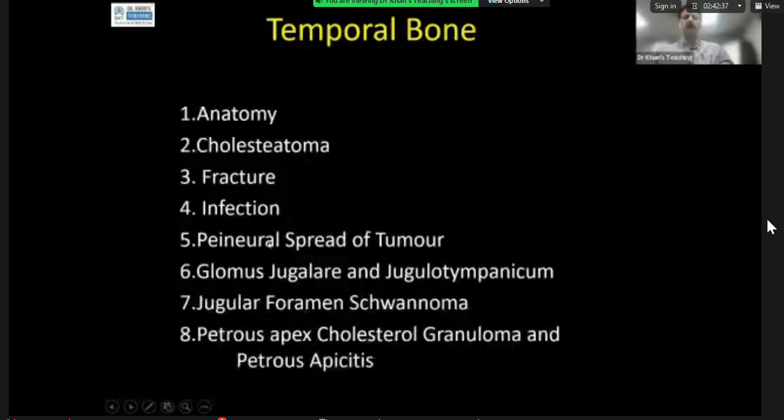This will also consolidate your anatomy questions. Glomus tumors, glomus jugulare and jugulotympanicum, then jugular foramen and schwannomas, and then petrous apex granuloma, cholesterol granuloma, and petrous apicitis. So these are the things which we are going to cover today.